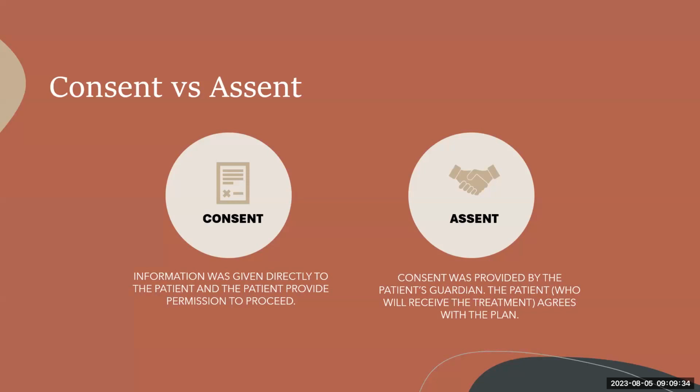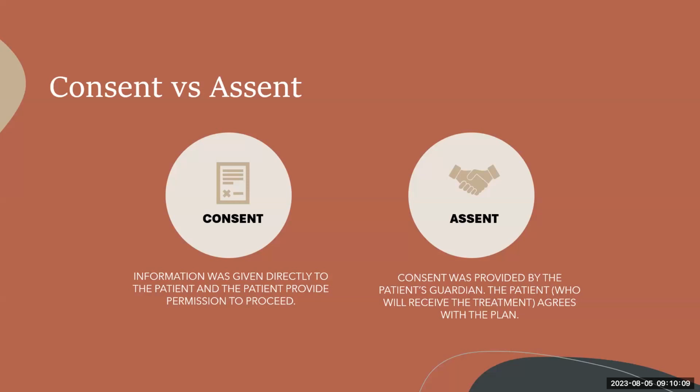However, in some rare cases, what the guardian wants to happen and what the child wants can be in conflict. And so a lot of the time it is recommended to also obtain assent from the patient. So you're getting the consent from the legal guardian, but you also talk to the child and make sure that he or she understands what is happening and that he or she is okay with the treatment.